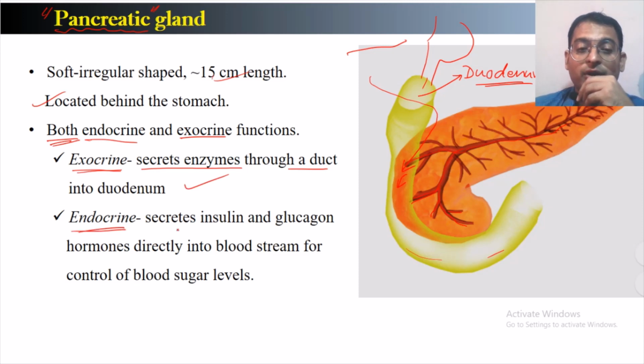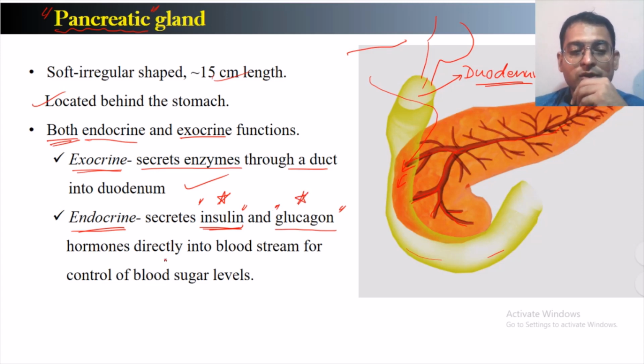Why is it endocrine? Because it secretes hormones. What hormones? Insulin. Yes, that is very important. The pancreas secretes the hormones insulin and glucagon. Both these hormones are secreted into the bloodstream for the control of blood sugar levels. Therefore, in patients suffering with diabetes, there are some issues with the secretion of insulin by the pancreatic cells.